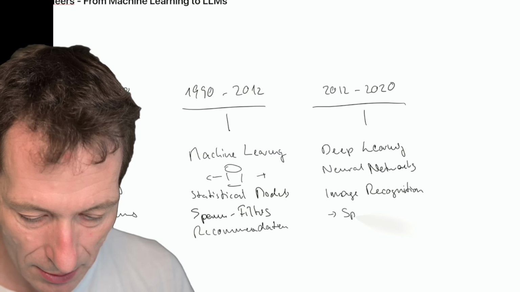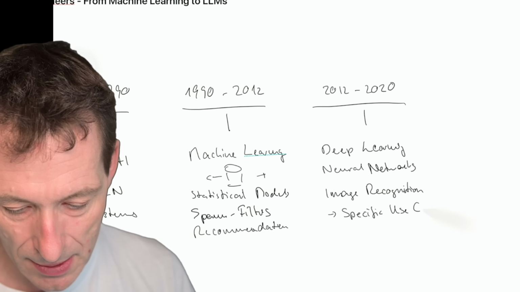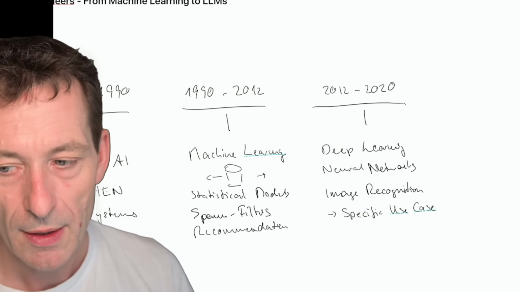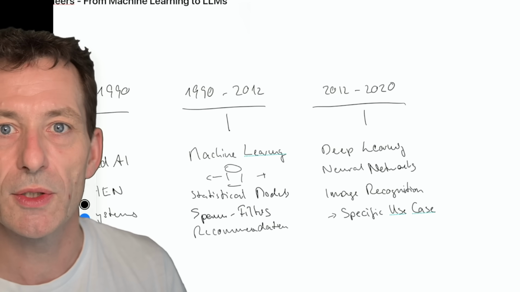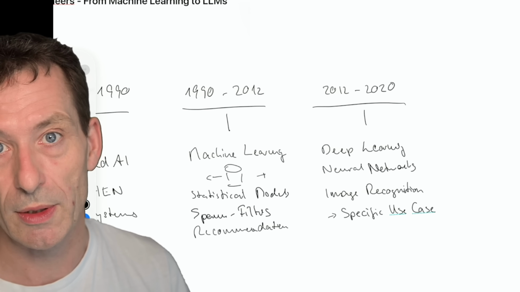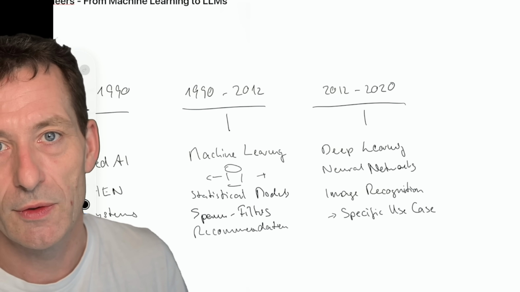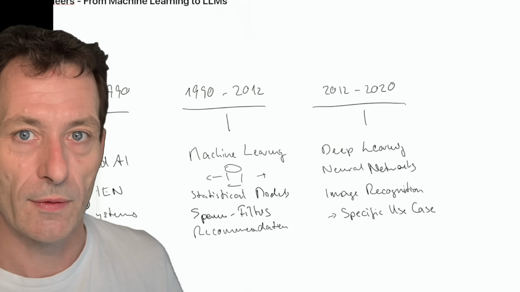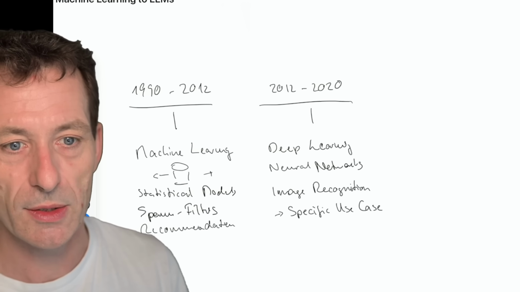It's always targeted to a specific use case, which means that you defined or found a specific use case, invested that money, and hoped for a big return. But in between, there was, again, the probability that this could go wrong, that the training doesn't give the expected results, and so on.